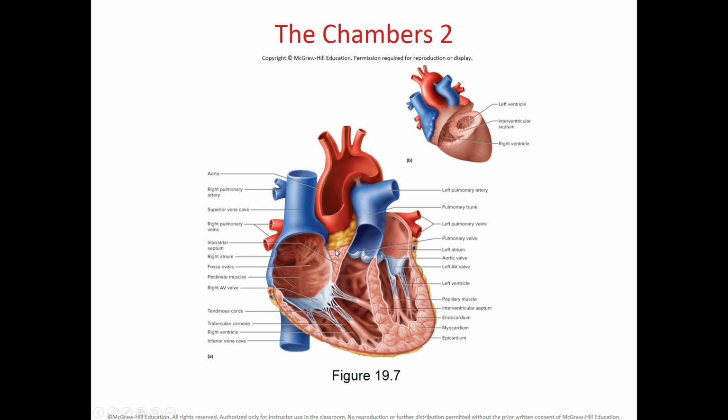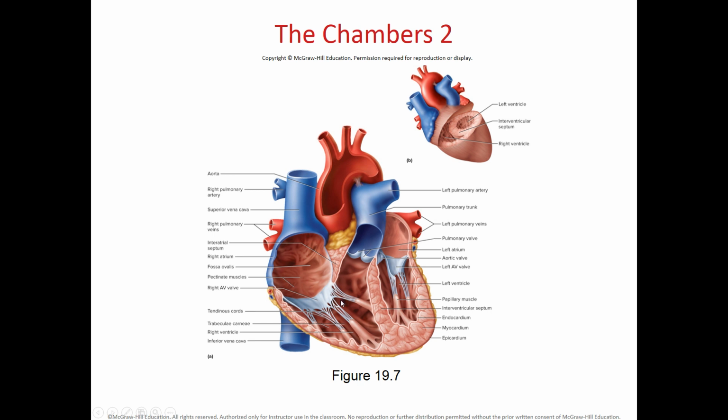Inter means in between, and septum means wall. In here we have the interventricular septum. So inter again means in between, ventricles, interventricular, and then septum. This is the wall or the septum that separates the right and the left ventricles.